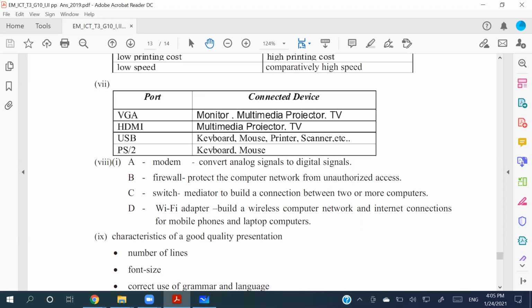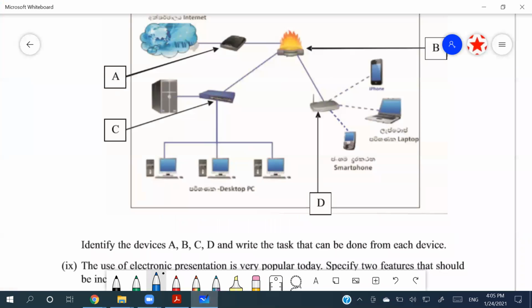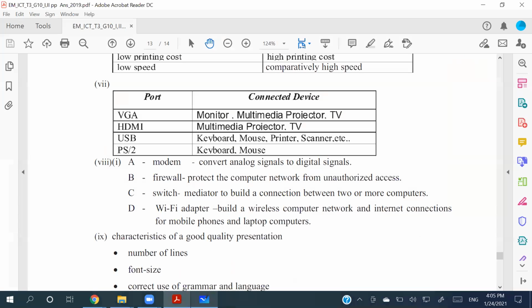You should have used the word protect or secure. The question specifies: identify the device A, B, C, D, and write the tasks that can be done by each device. If you got the device name and the task, you get 0.5. If you are missing either of those, you won't get any marks. Remember, marking is tough at those times.